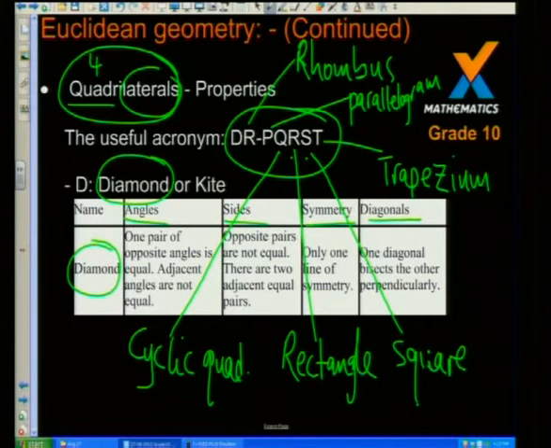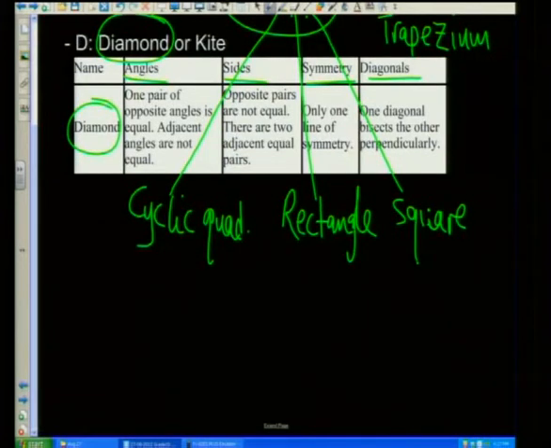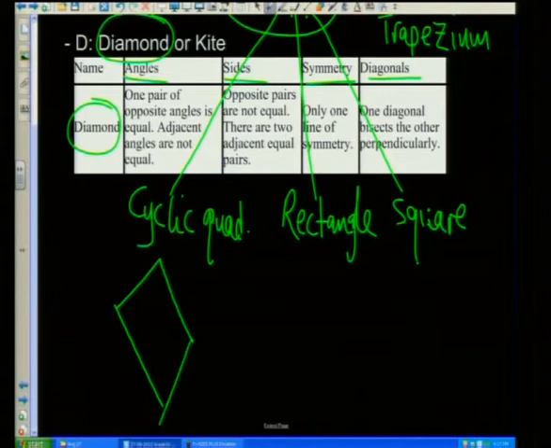I have listed there for a diamond that you've got one pair of opposite angles that are equal. If I can just draw this quickly, a diamond looks like that. A bad one, but something like that.